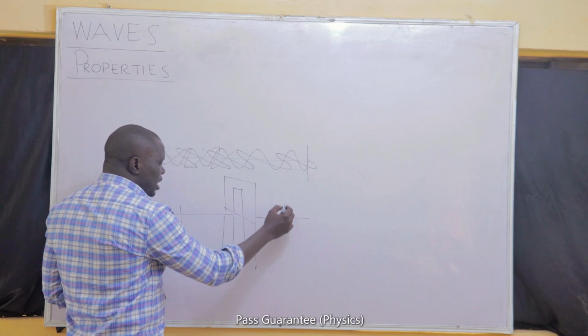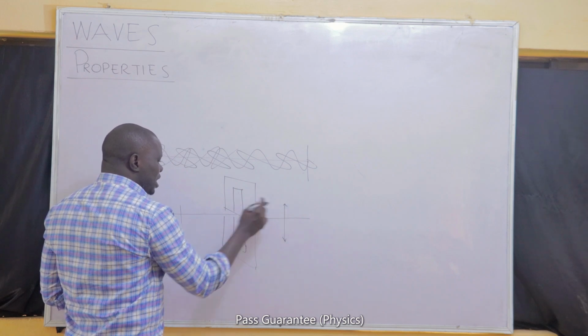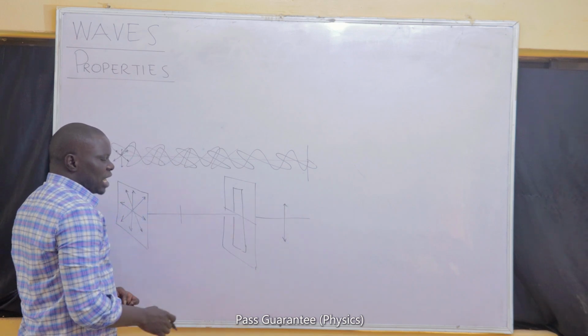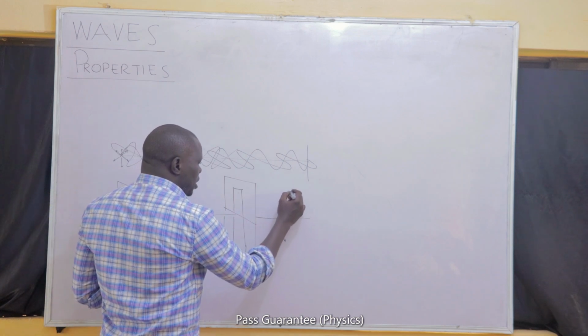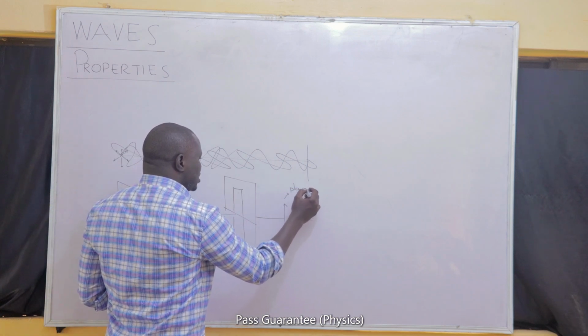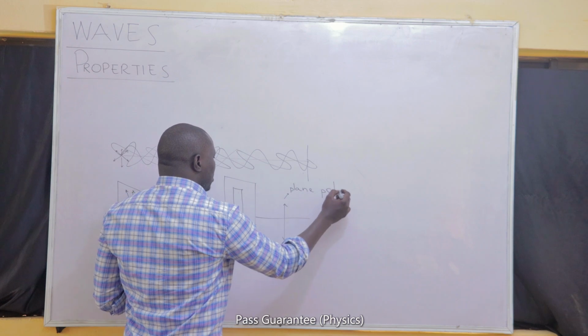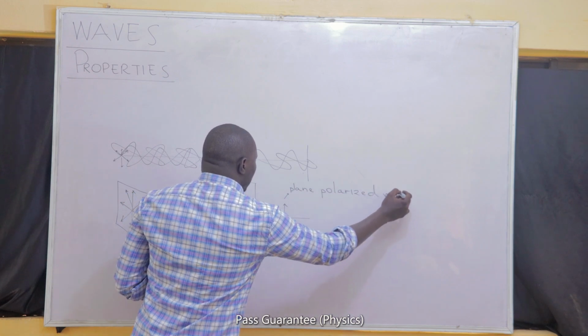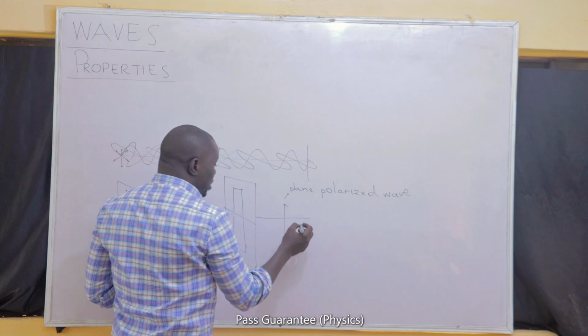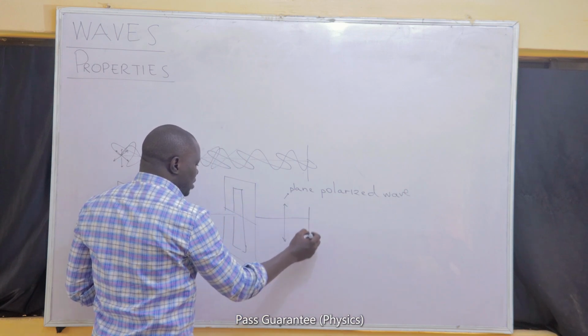So it is only the one that is vibrating along the axis of the opening of that polarizer that will be allowed to pass through. And now we call this one a plane polarized wave.